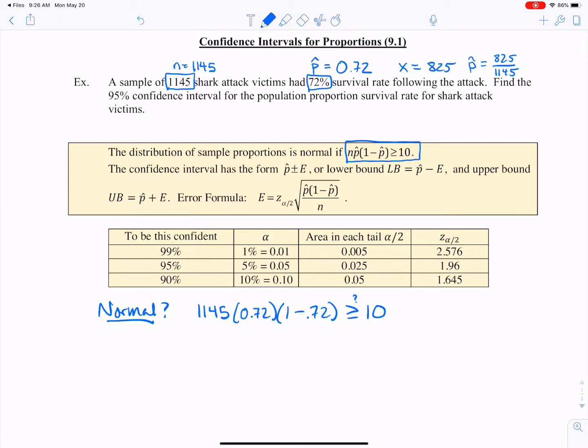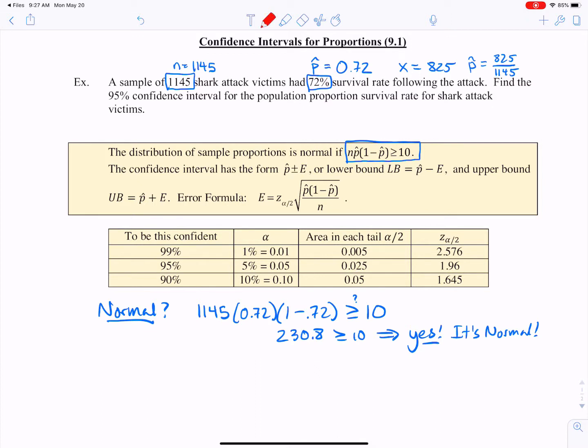If you multiply all this out, it turns out to be about 230.8, which is definitely bigger than 10, so that tells us, yes, it is normal. When I say it's normal, I mean the p hat distribution is normal. So that means we are okay to make a confidence interval.